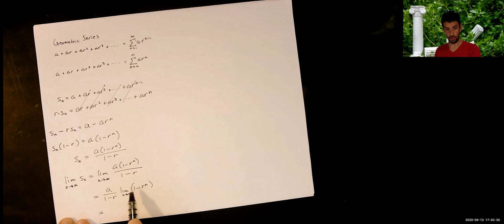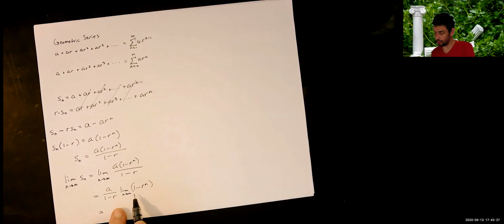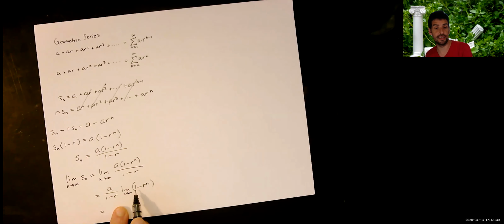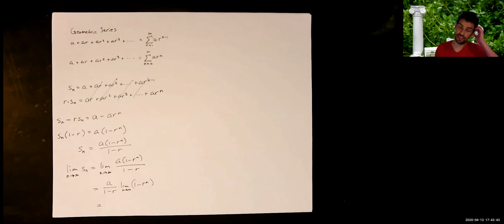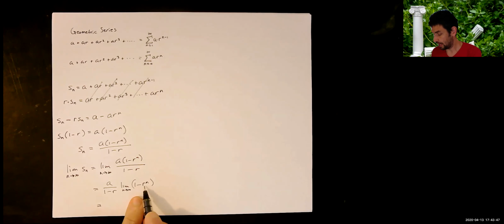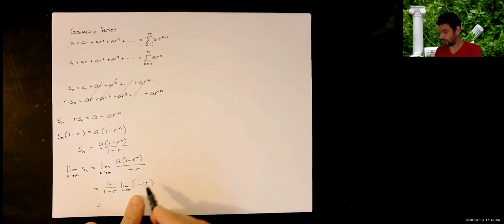Now, what happens in here? Okay. Well, I asked you to take a look. There's an easy part. The limit of 1, the constant 1, doesn't change as n goes to infinity. In the previous section, the book goes through it in detail. I gave this to you in the worksheet to do.